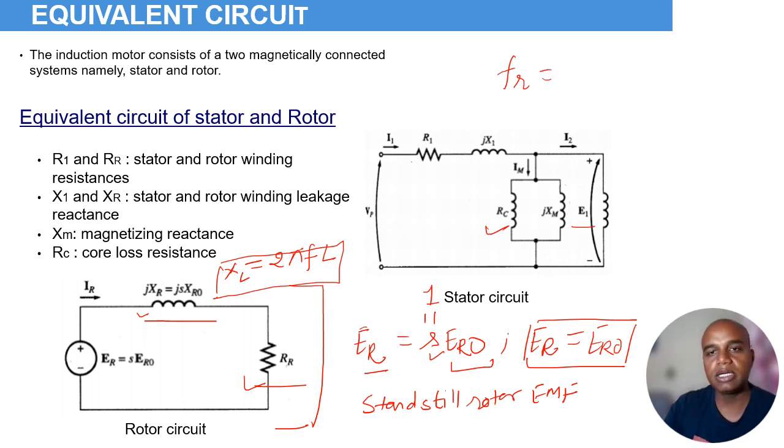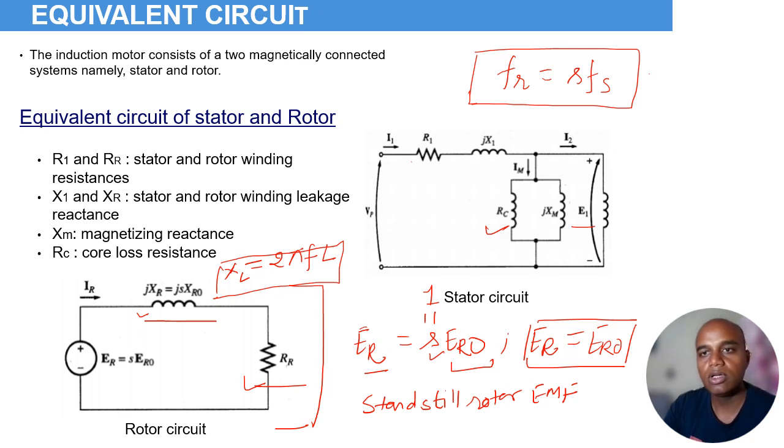So Fr is nothing but the slip times the supply frequency or the stator frequency, because the supply frequency is the same as the stator frequency. So the rotor frequency is a part of my slip, and therefore my rotor reactance XR will also become a function of my slip.